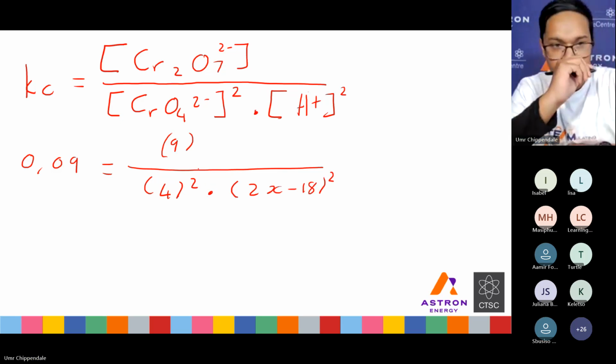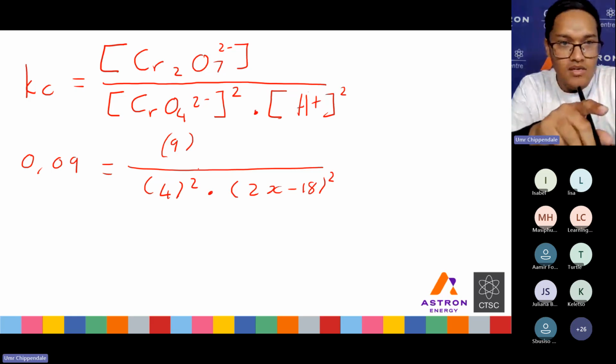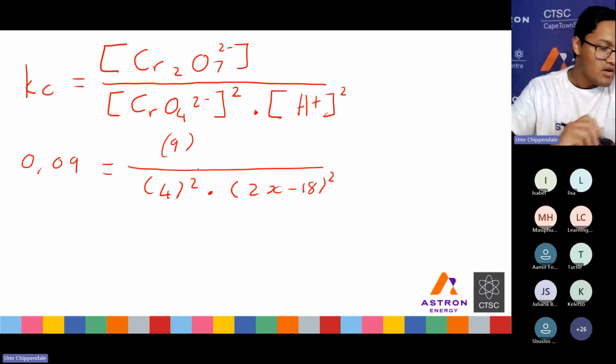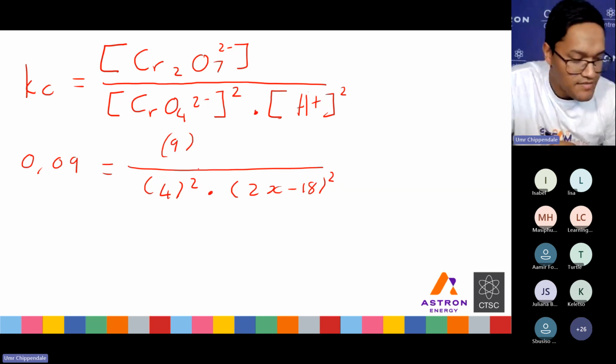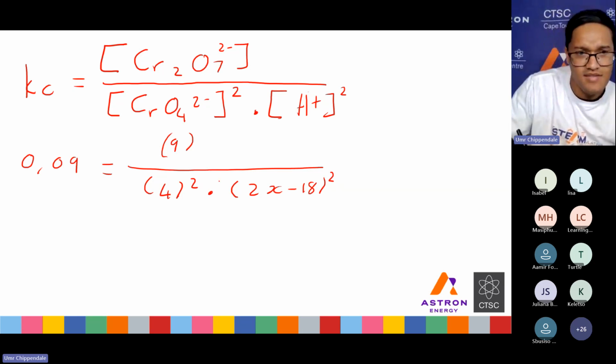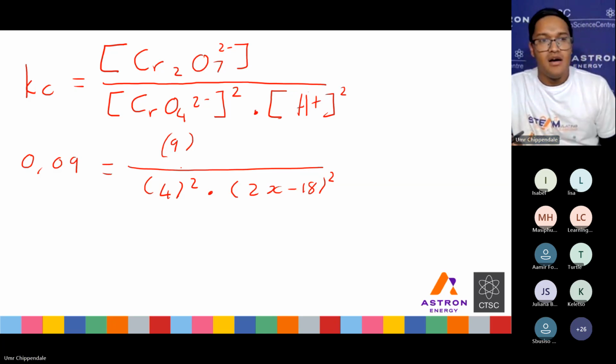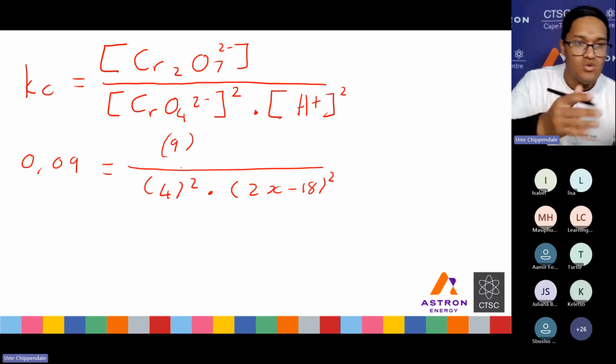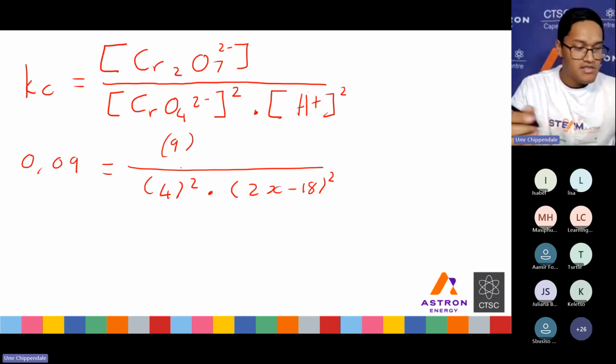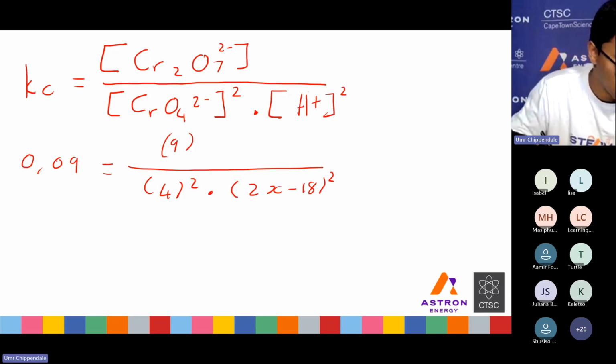Now, we could just start dealing with this in the calculator format, but what I rather want to do is I want to have all of these. As you can see, this has a square, this has a square. It's not a must to do it this way, but I'm going to try and see what all of these are if you should actually square it. So I'm just going to add an extra step right now.